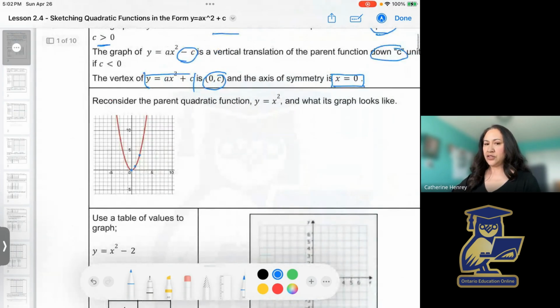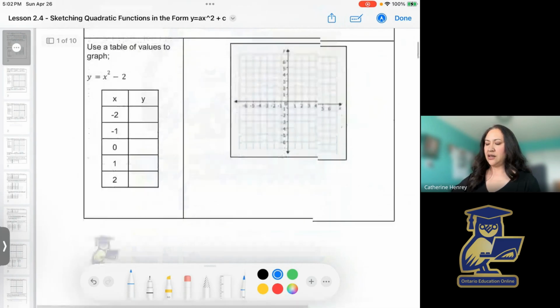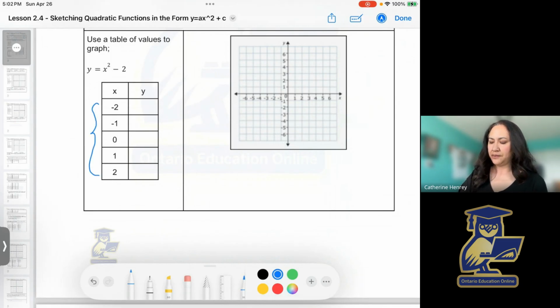And now in the first example here, let's use a table of values to fill in this function's table. So this is y equals x² minus 2. Let's go ahead and start with our substitution. We are going to use these x values given here. So y equals, let's put -2 in, we square it, minus 2, and that's 4 minus 2, so that equals 2.